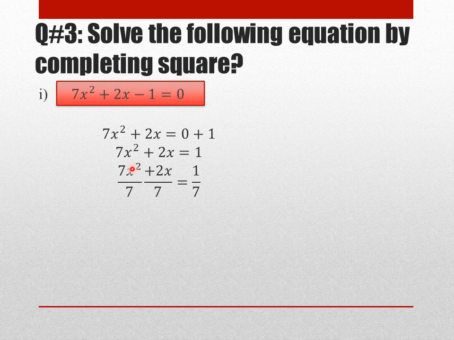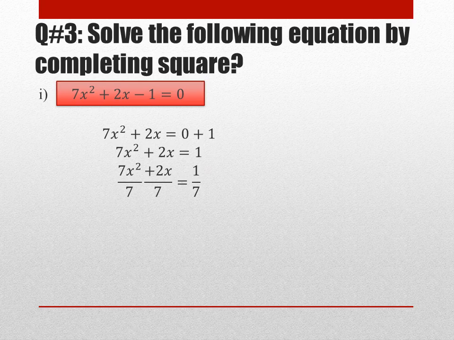Again, the second step to remember is we should not have anything with the first variable. We should not have any digit with the first variable, it should be 1. So we have 7 here. What we will do, we will divide all the terms by 7 to cancel this with this. So I have divided 7x square plus 2x and 1 by 7, on both sides of the equation.